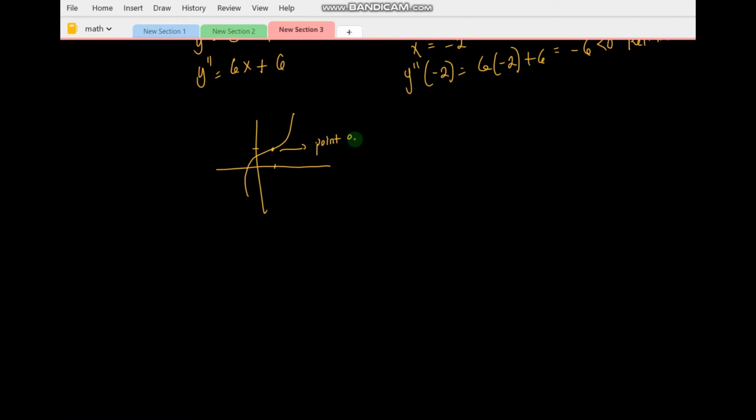Point of inflection is a point wherein the x coordinate makes the second derivative of the function equal to 0. Dito nag-change yung concavity. As you can see, from here up to this point, it's concave downward, then becomes concave up. So nag-change yung concavity. So, ang tawag sa point na yun, point of inflection.